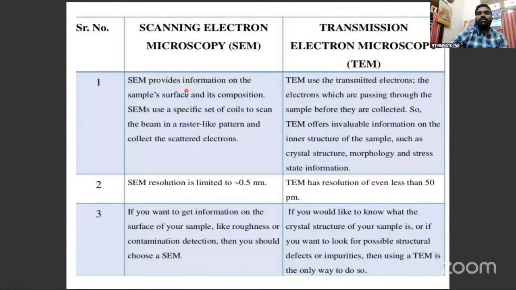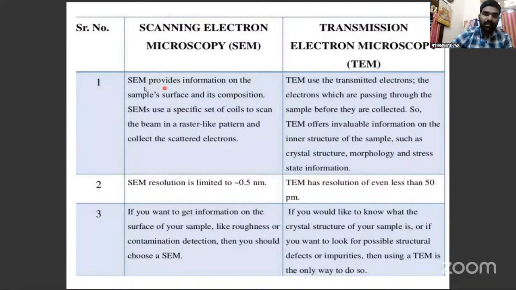The scanning electron microscope provides information on the sample surface and its composition, whereas the TEM is used to study the structure, morphology, and stress. SEMs use a specific set of coils to scan the beam in a raster-like pattern and collect the scattered electrons.